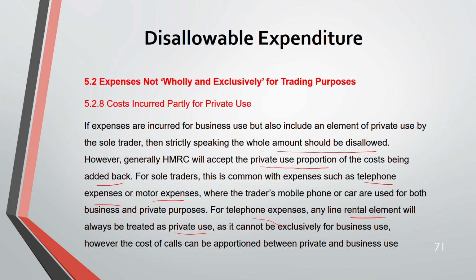But the cost of calls you can apportion between business and private use. The rental part is always private and disallowed in its entirety. For calls, yes, you can apportion. The private part you add back.